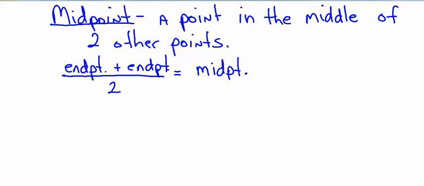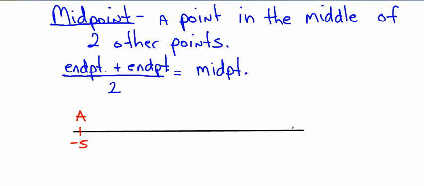So on a number line, if you're given a segment and it's got a couple of endpoints, say it's -5, that's point A, and 13 is point B, and you're asked to find the midpoint of AB, we'll call it M. You use this formula right here.